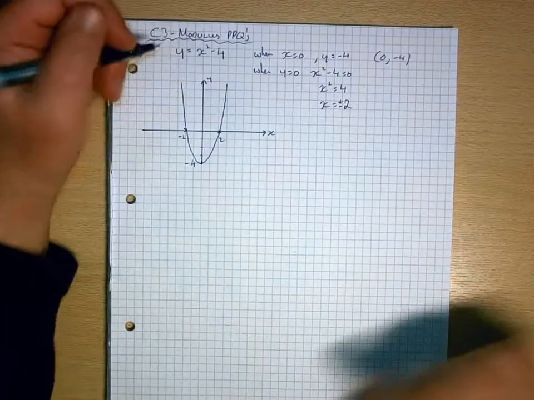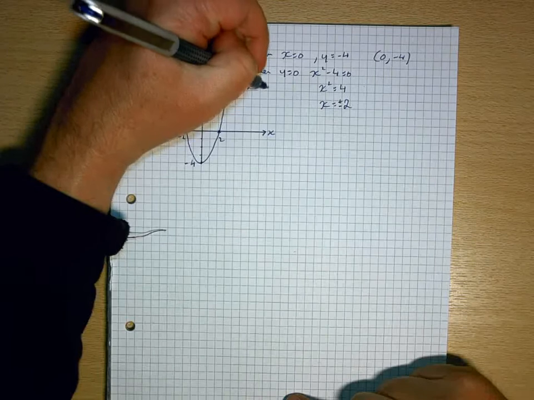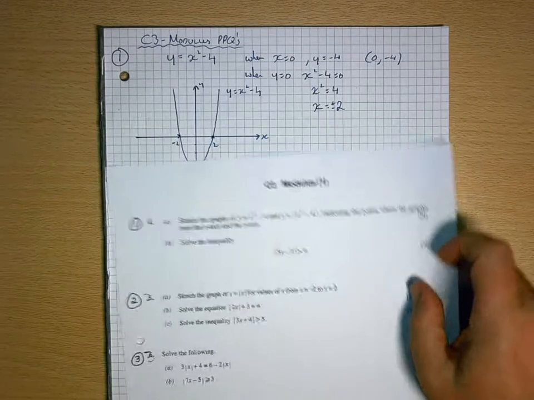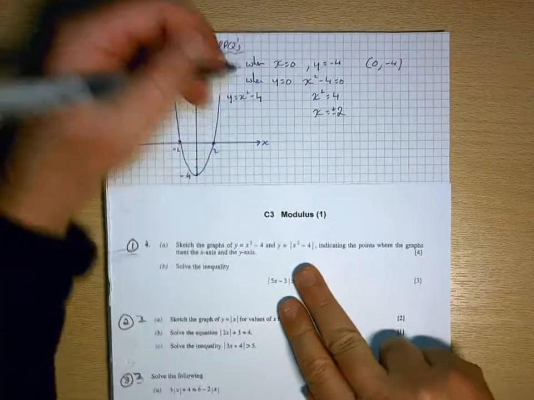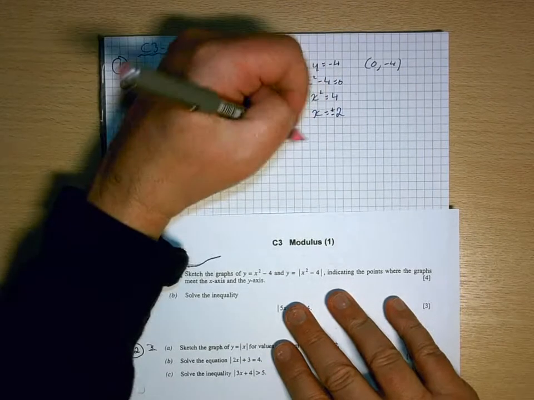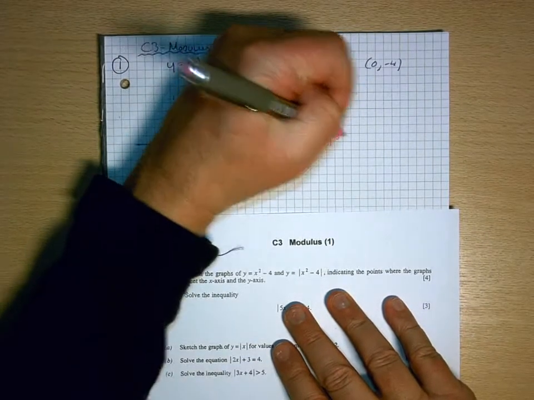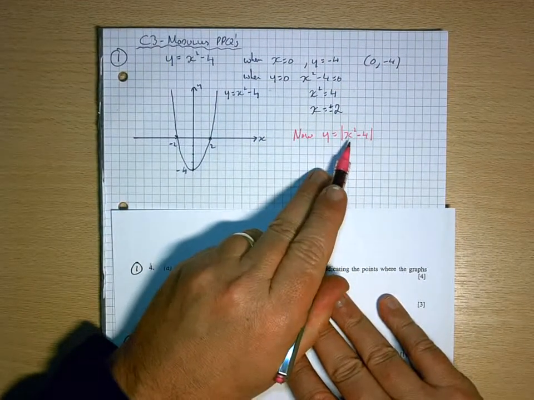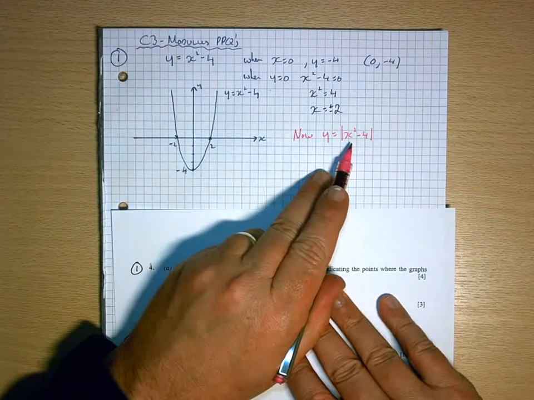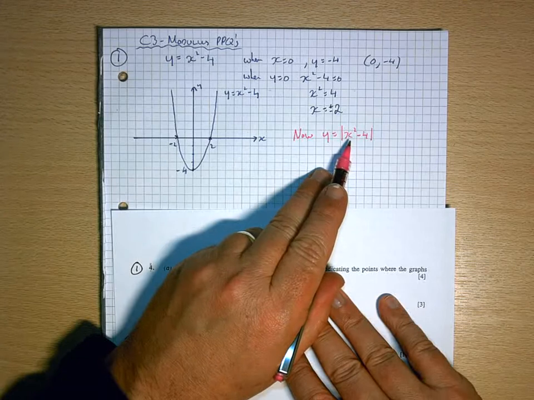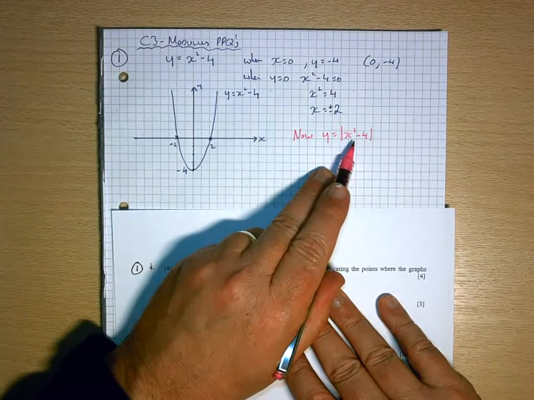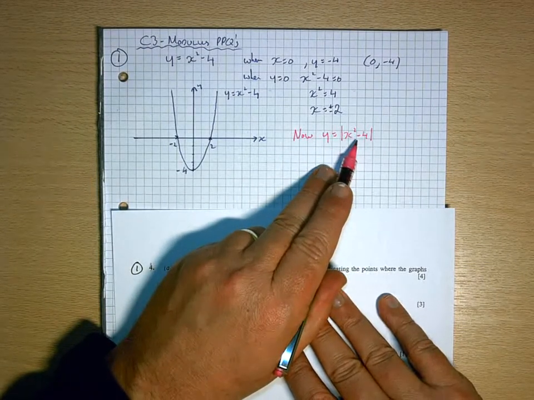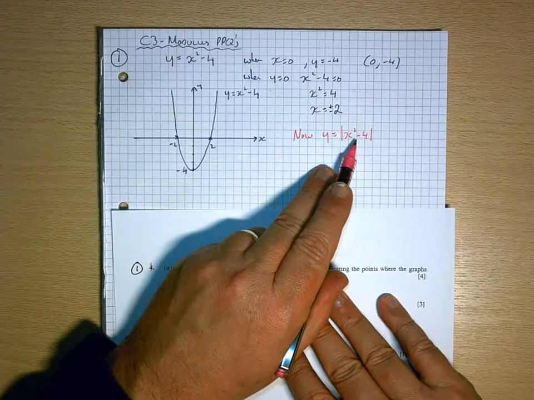Now what happens for the modulus? This is saying that when you work out x squared minus 4, and that output becomes negative, it becomes the positive equivalent. So minus 3 would actually come out to be positive 3.